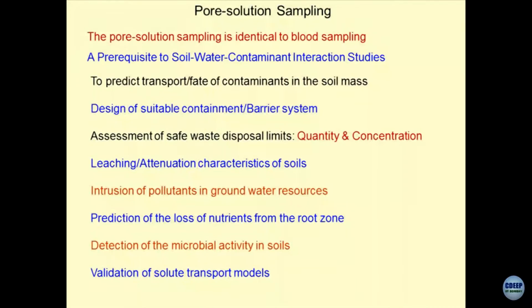This is an inherent property of the geomaterial by which it would not let the contaminants migrate from one place to another. It could also be termed as retardation capacity or retardation characteristics of porous media.